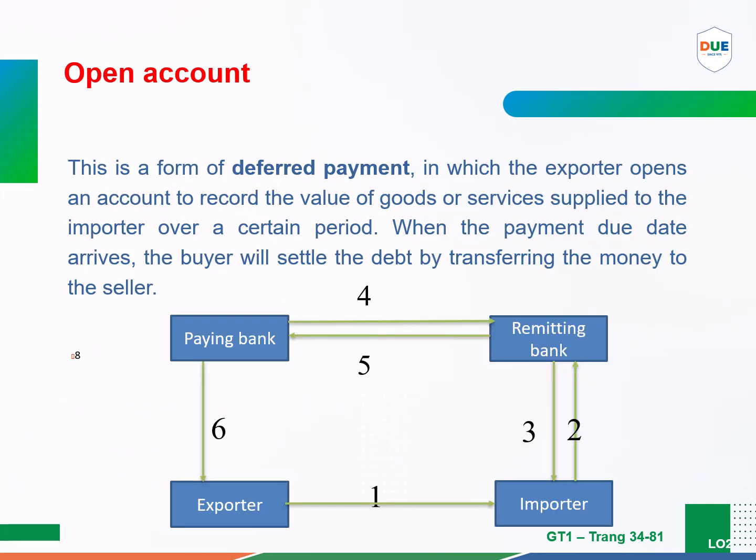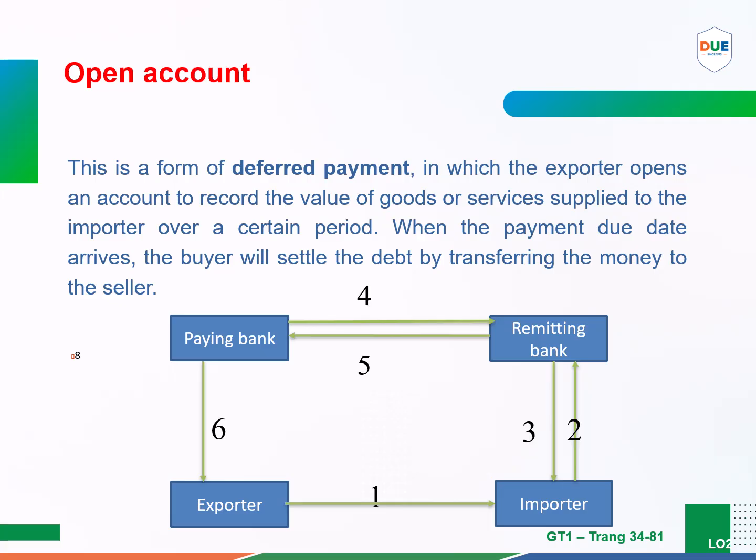The open account method is a form of deferred payment in which the seller, the exporter, opens an account to record the value of goods or services supplied to the buyer, the importer, over a certain period. After delivering the goods, the seller does not demand immediate payment but records a receivable in the buyer's account. The buyer is responsible for monitoring the recorded debt and, upon the due date, instructs the bank to transfer the funds to the seller.